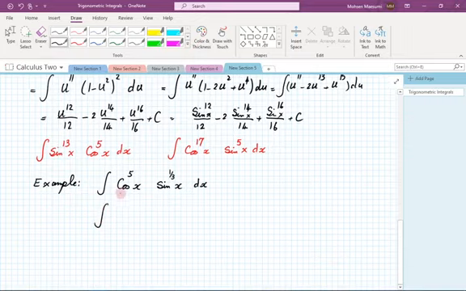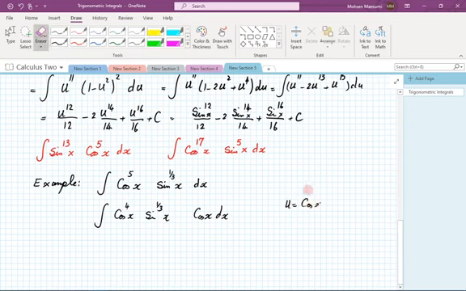So I separate one cosine, so cosine of x dx, I keep that for my differential. I'll have cosine to the power of 4 x, and then sine to the power of 1/3 x, and again I introduce my u to be cosine of x. Excuse me, of course I need u to be sine of x. Why?